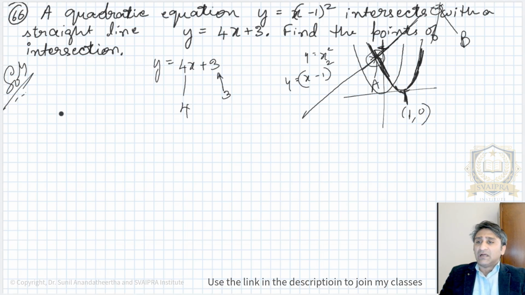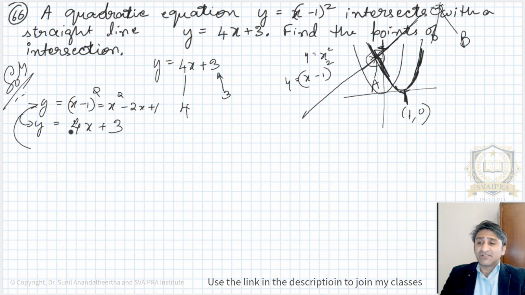Now we first simplify this equation. y equals (x minus 1) whole squared, which is x squared minus 2x plus 1, and we also have y equals 4x plus 3. Let's choose the substitution method.